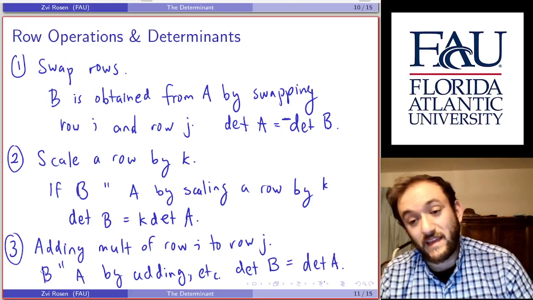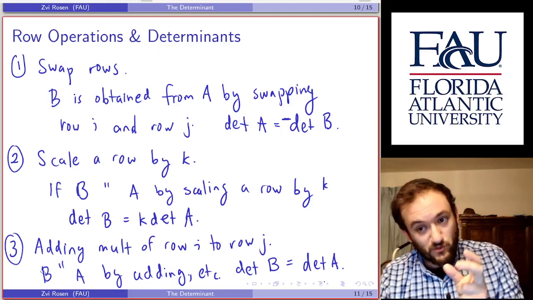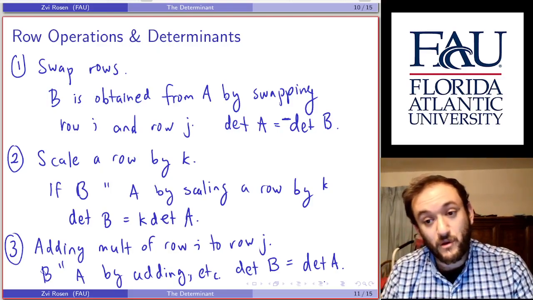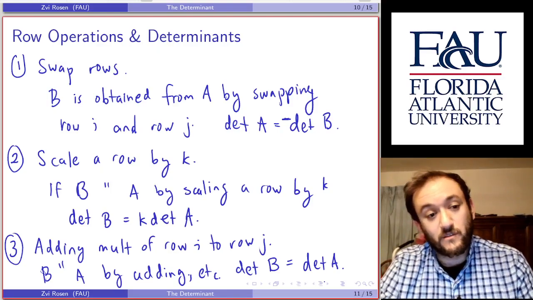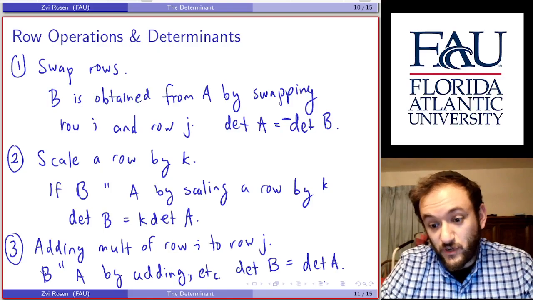So again, swapping rows, you pick up a minus sign. Scale a row, you multiply the determinant by the scalar. Add a multiple of a row to another row, it doesn't change the determinant at all. Cool, so we understand those pretty well.